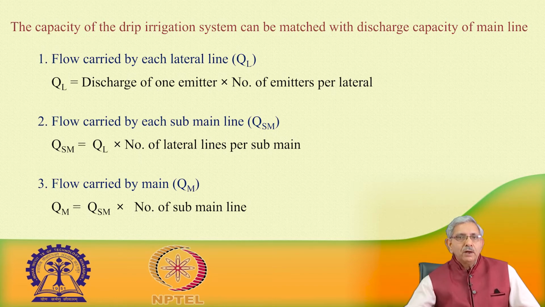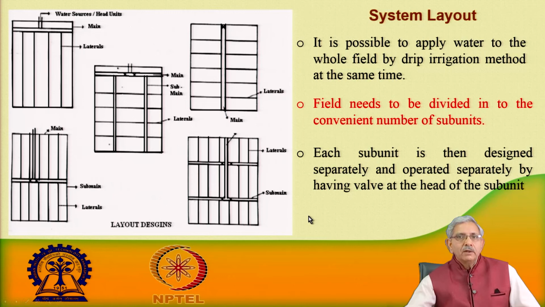So, this is QL multiplied by the number of laterals. Similarly, the discharge carried by the main pipeline is the discharge of one sub main manifold multiplied by the number of sub main pipelines.